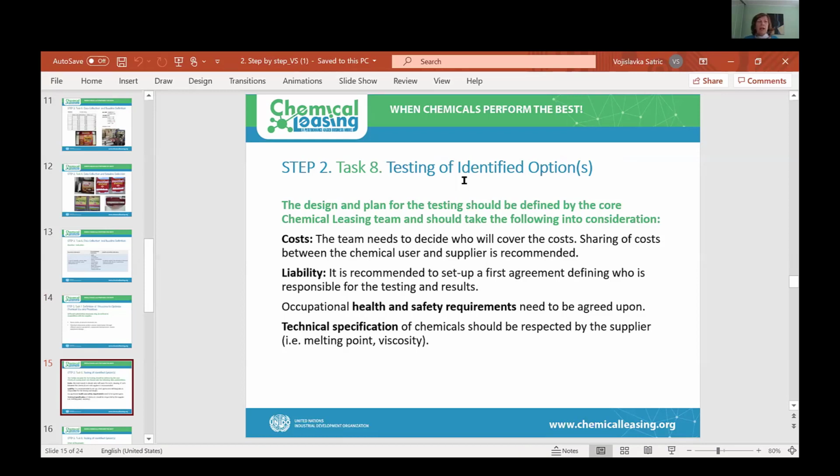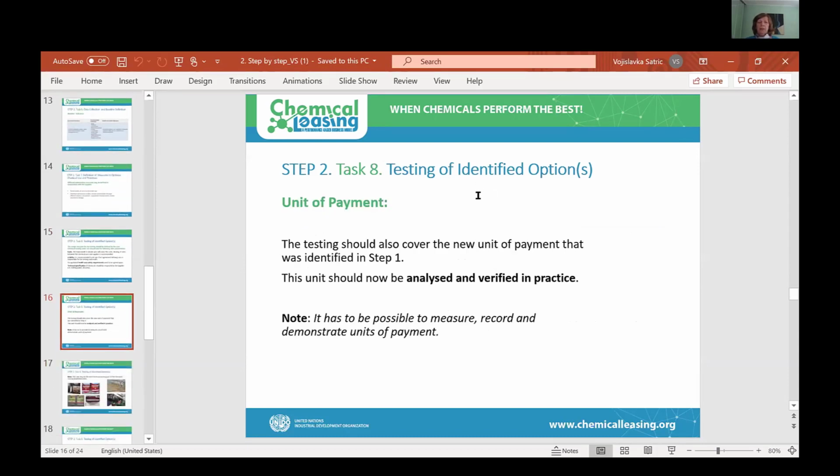The team needs to decide about cost sharing, and from our experience, the supplier supplies chemicals for free, and the user pays for other raw materials like energy, water, and other. That is usually, let's say. About liability, Reinhard will tell something about that more, and also occupational health and safety requirements need to be agreed upon between partners.